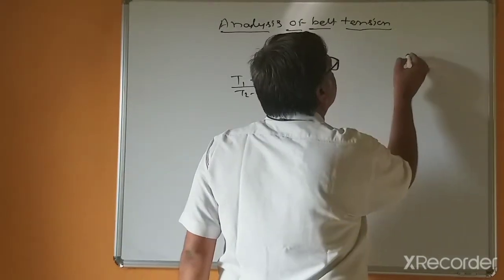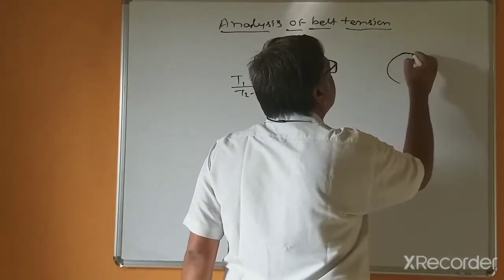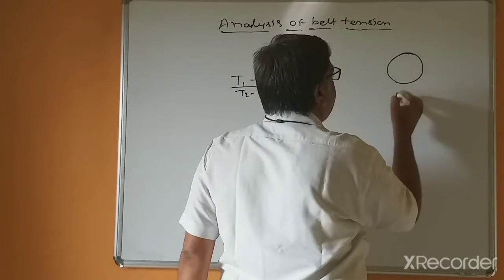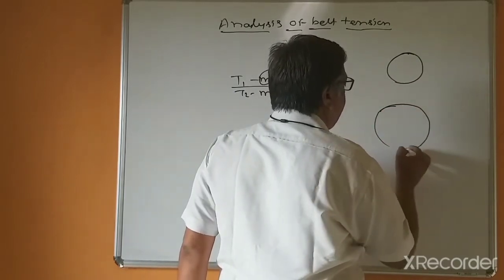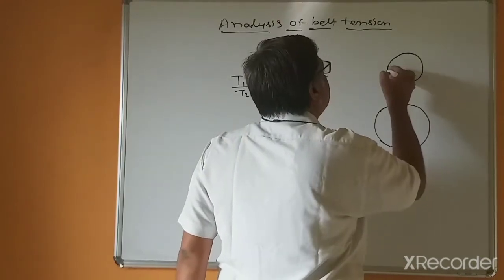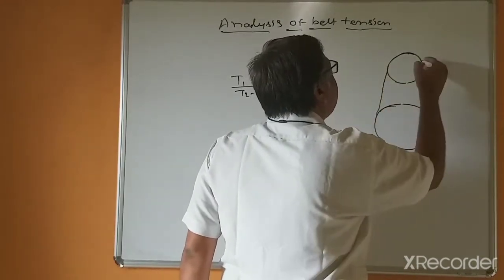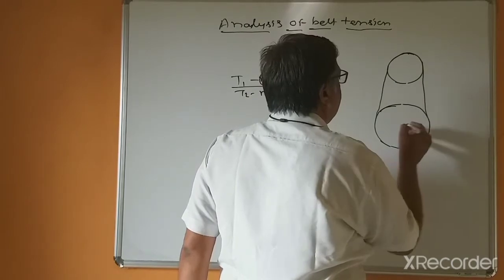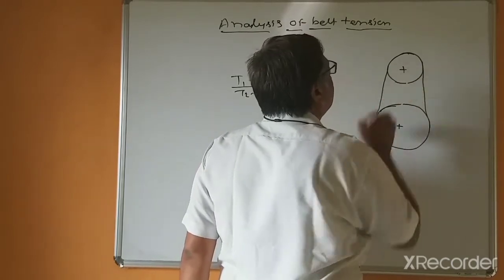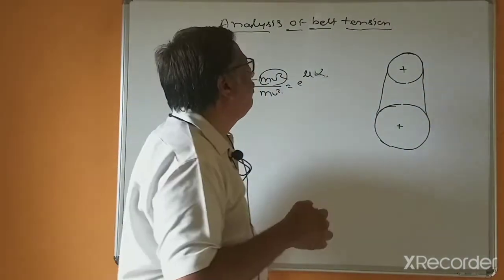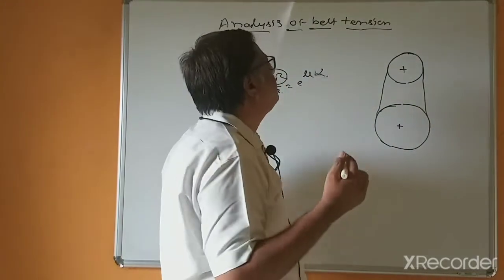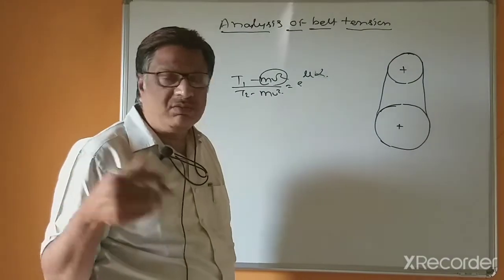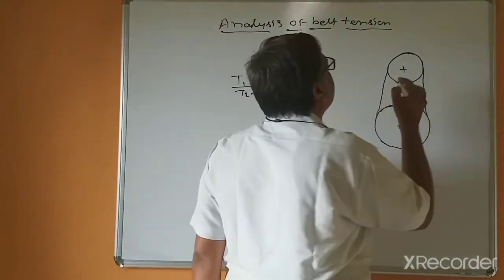Suppose this is the drive pulley and this is the driven pulley; the driven pulley has a larger diameter. Because of the speed of the belt, when the speed is greater than 5 or 10 meters per second, the effect of the centrifugal tension has to be considered.